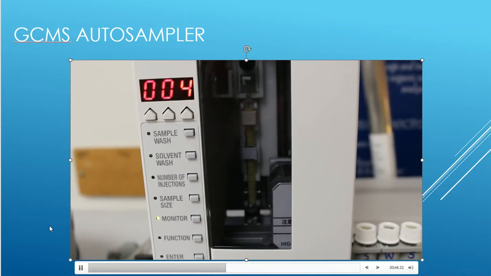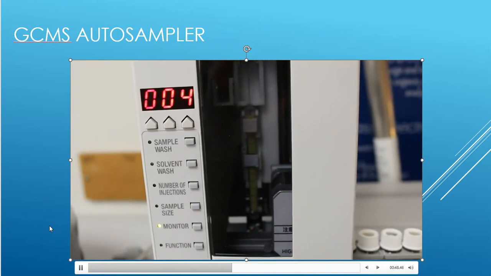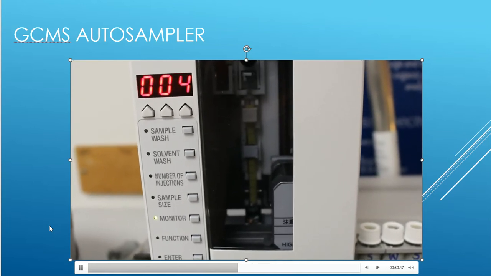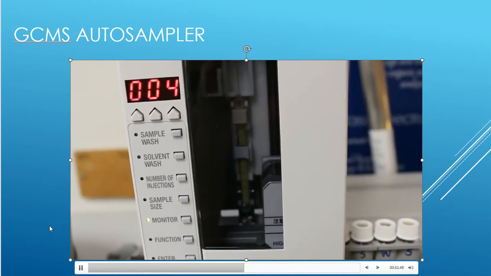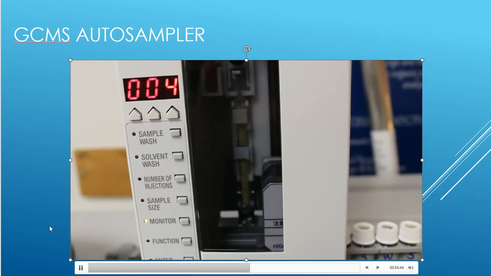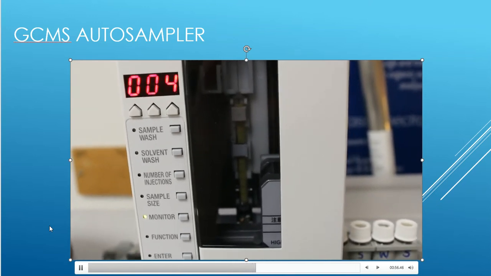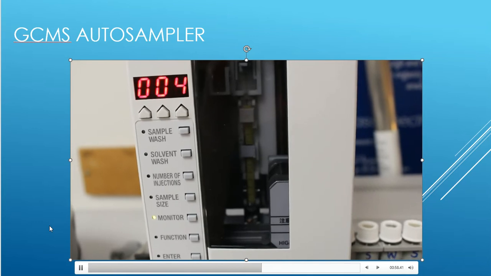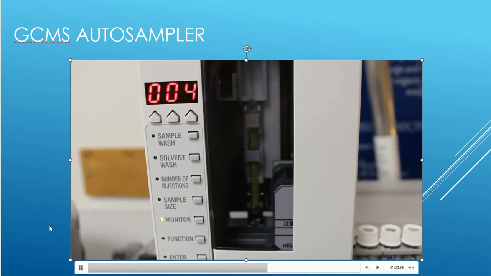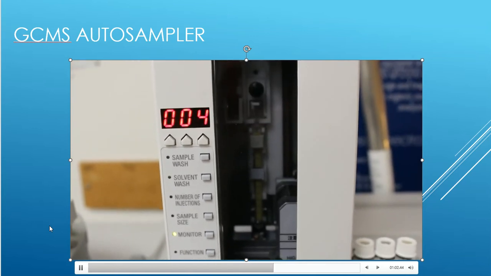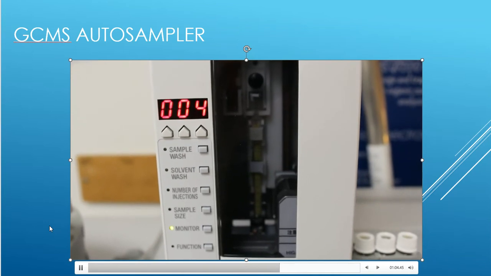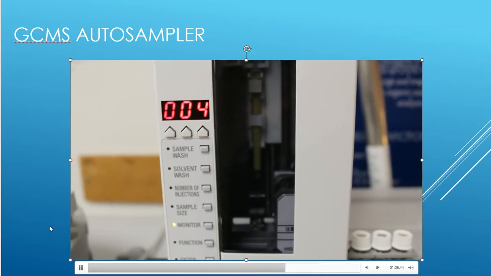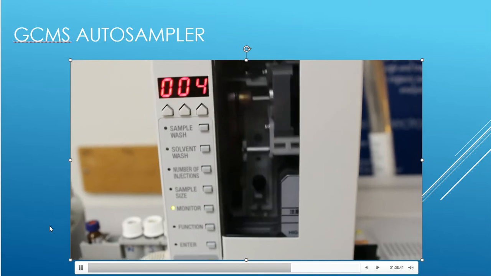So really you're just kind of seeing the process of what happens here. We no longer manually inject anything by hand. It's now all done by instrumentation, which is kind of nice. That frees me up to do other things if I'm working in a laboratory. This method has a 0.3 microliter injection amount.